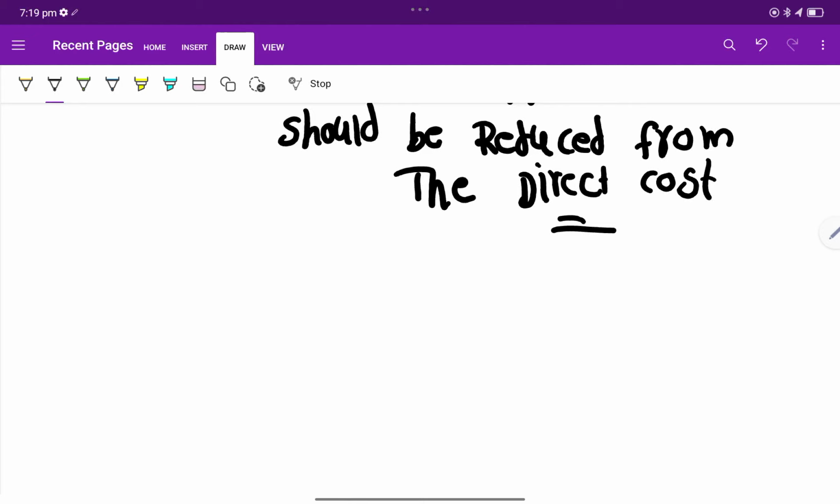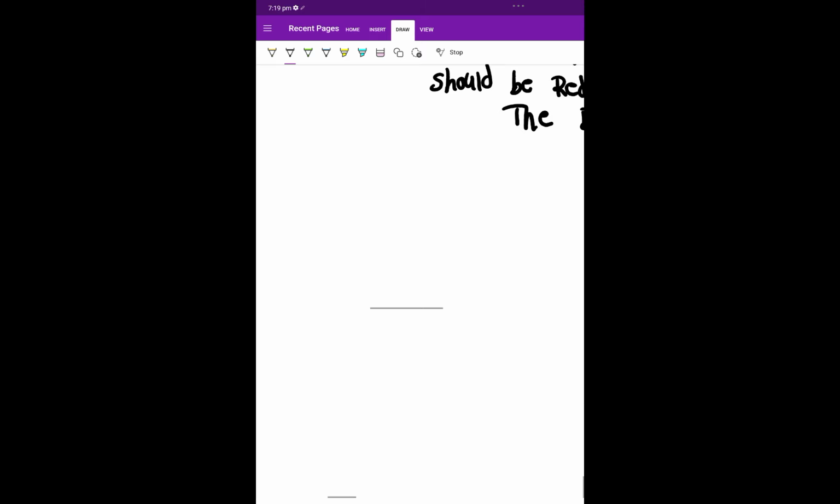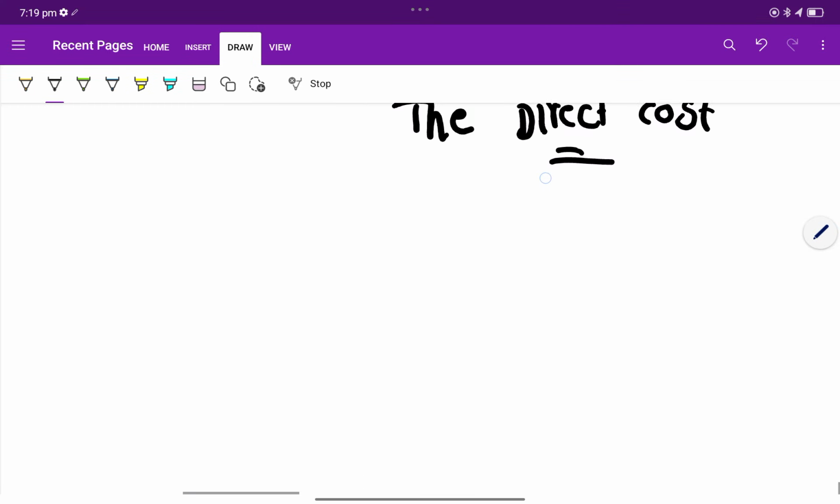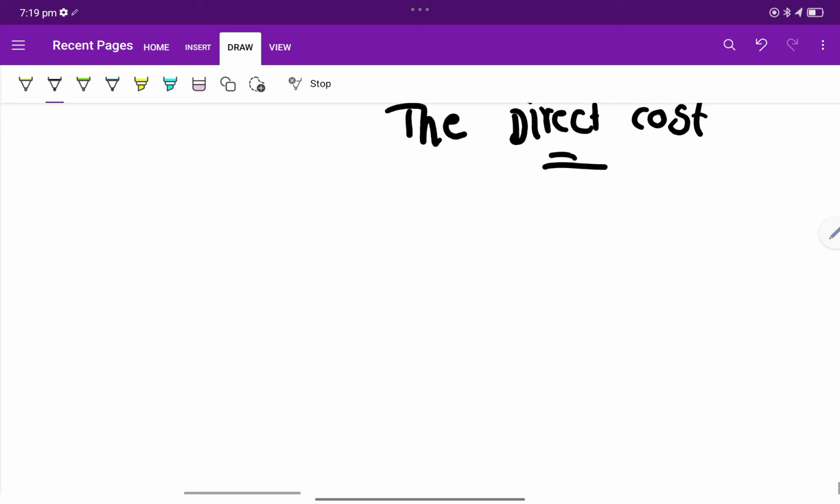The iron cost is already included in the cost. If I sell that, I will get some income. That income should be reduced from the direct cost. Please understand this example, very important from the exam point of view. So I have completed the components that are to be included in the cost and the components that are not to be included in the cost. Are you understood this example?